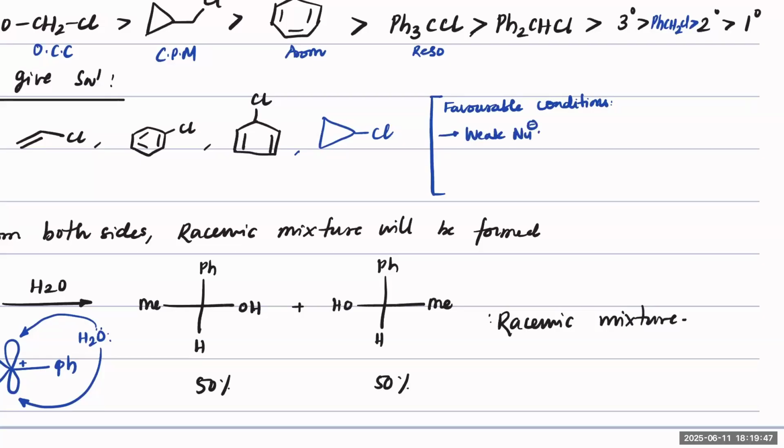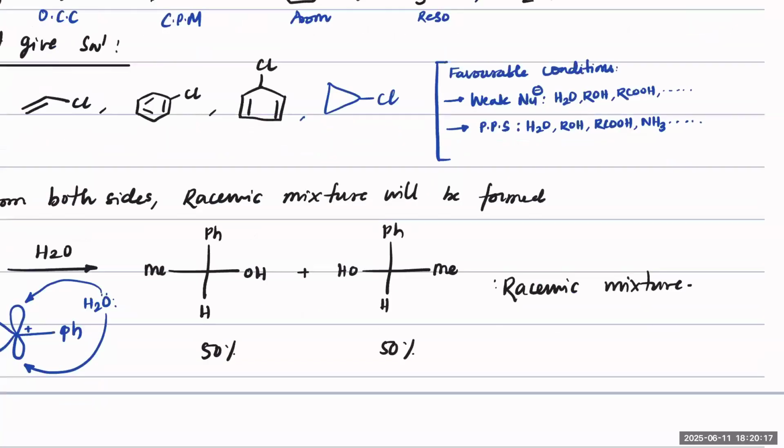Weak nucleophiles means no charge, like water, alcohol, acids. Next one, polar protic solvent, like water, alcohol, acids, ammonia. These are polar protic solvents. So these two are highly favorable conditions for SN1.